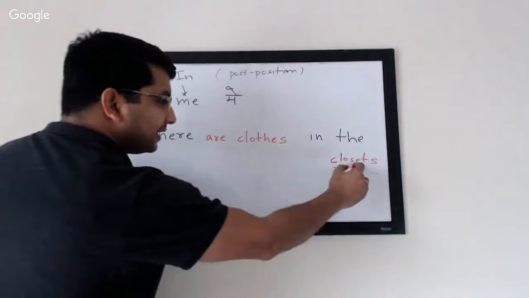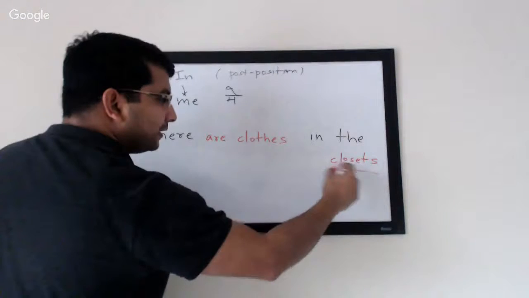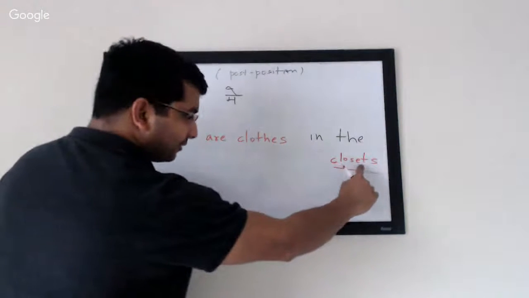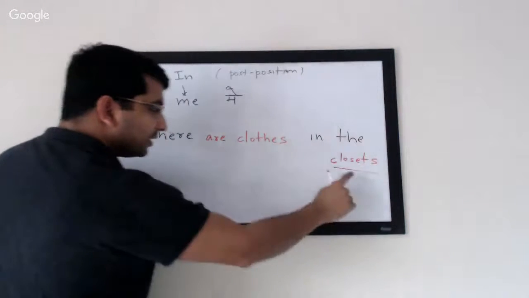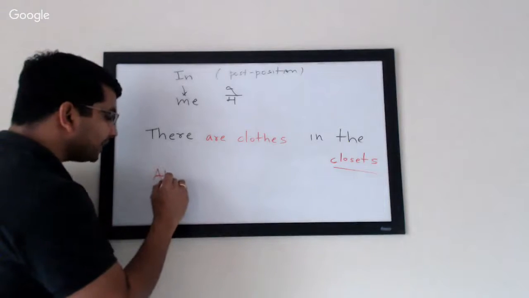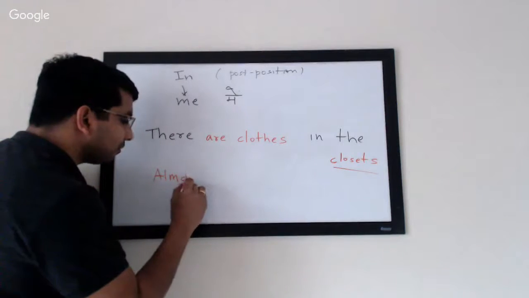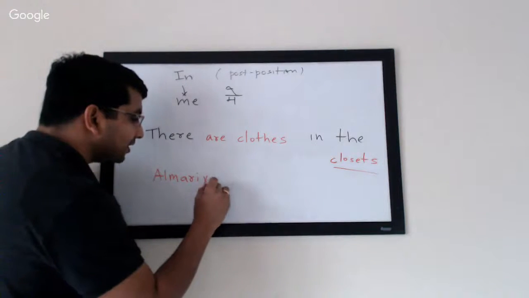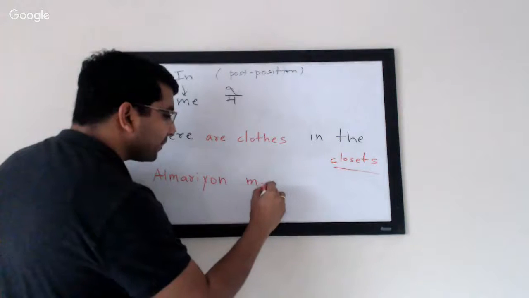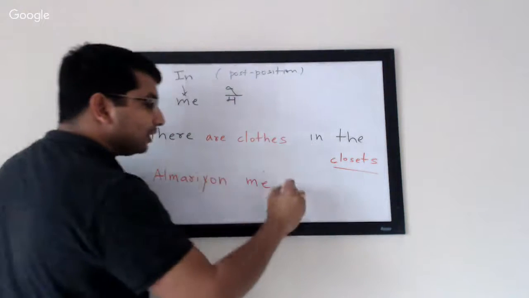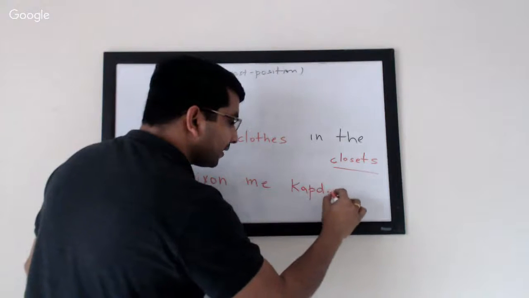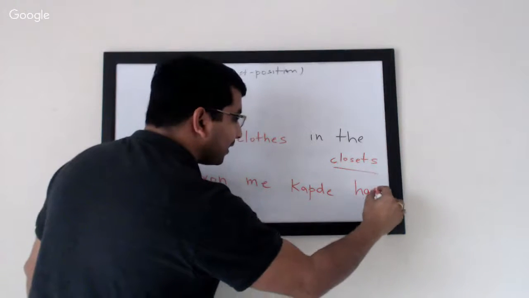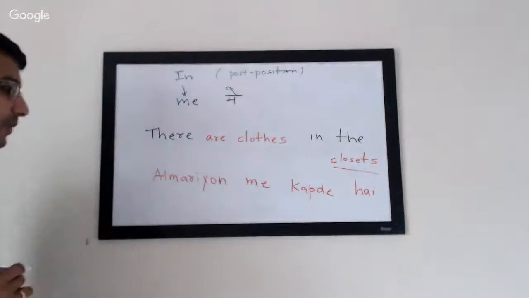So you can see now in the singular case closet is almari, but because you're using the English preposition in, in Hindi it will be a postposition. Almariyan becomes almariyon. Almariyon में, and then you have plural here. अलमारियों में कपड़े हैं. अलमारियों में कपड़े हैं.